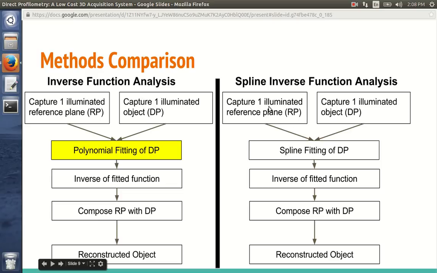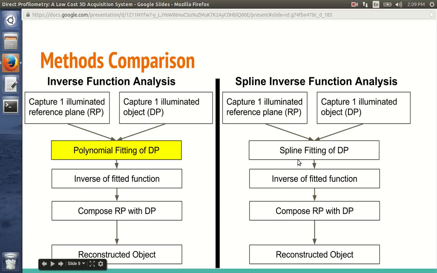And for spline inverse function analysis, we capture one illuminated reference plane and one illuminated object, do spline fitting, the inverse of the fitted function composes the reference pattern with the deformed pattern, and reconstruct the object.